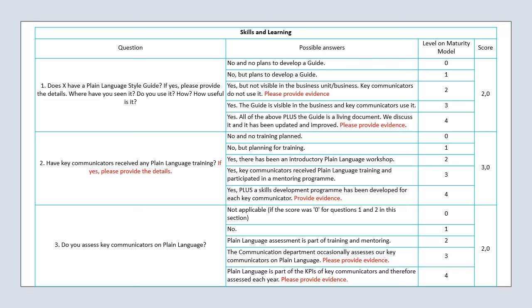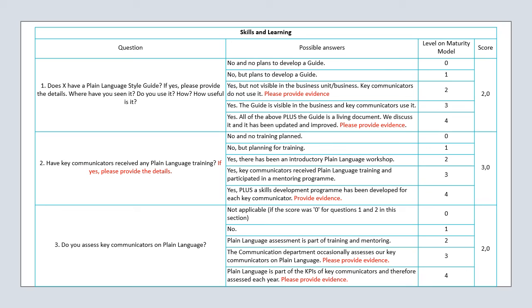And that also gives you a score. So for example, if you've said yes, there is a guide and the guide is visible in the business and the key communicators use it, then it would put you on level 3 on the maturity model, and that would also be the score for that question.